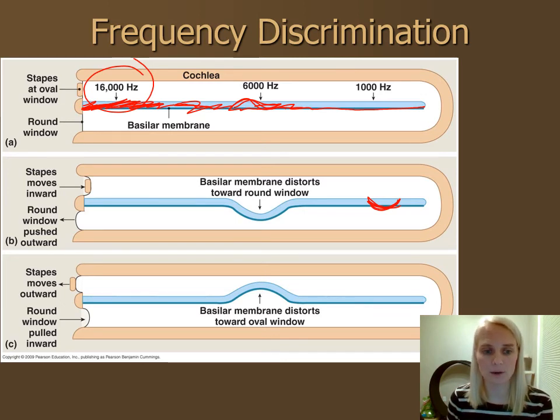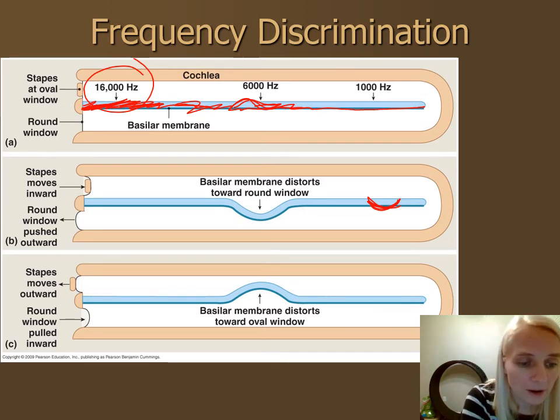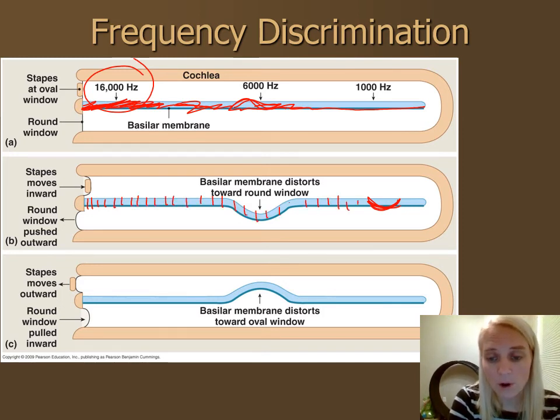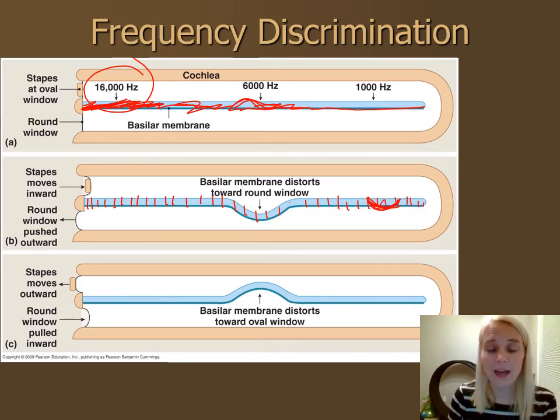low frequency sound. So remember, there are hair cells located all along the entire cochlear duct. So wherever that basilar membrane is distorted, those are the hair cells that are going to be depolarized, which are then monitored by neurons.